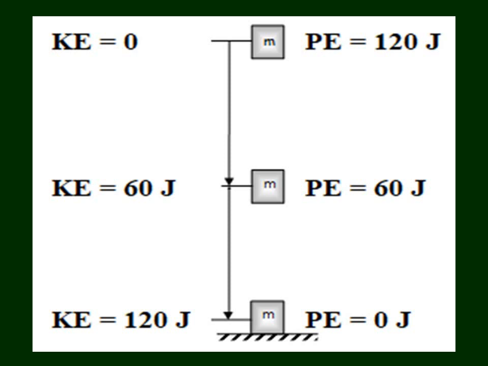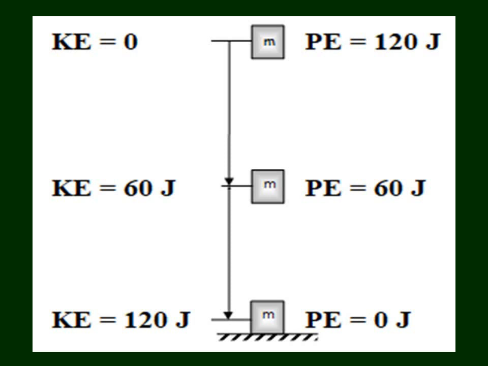And it falls down again to reach the ground. The potential energy equals 0 because the height equals 0. And the kinetic energy is maximum, equal to 120 joules just before hitting the ground. So, what do you observe now?